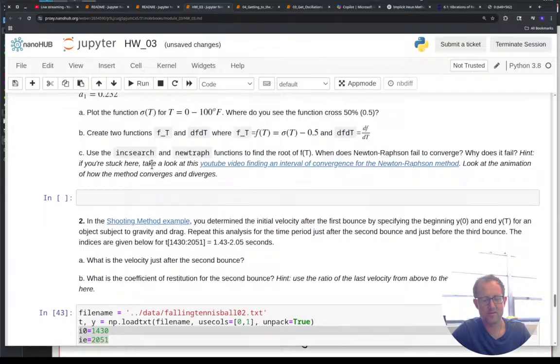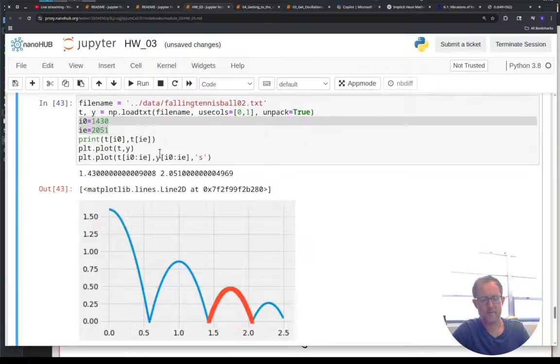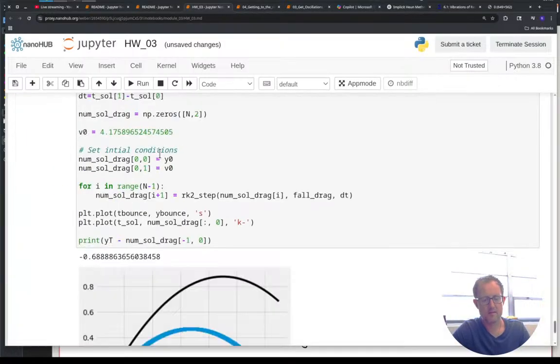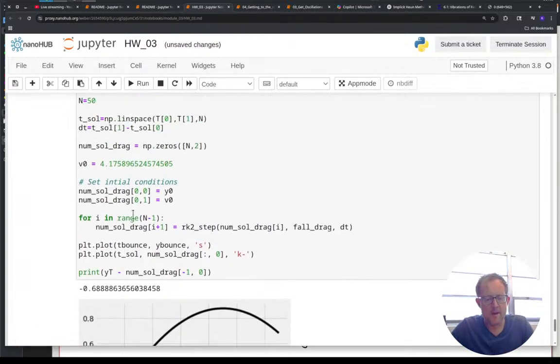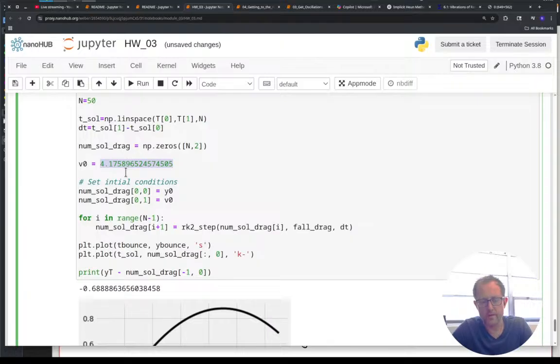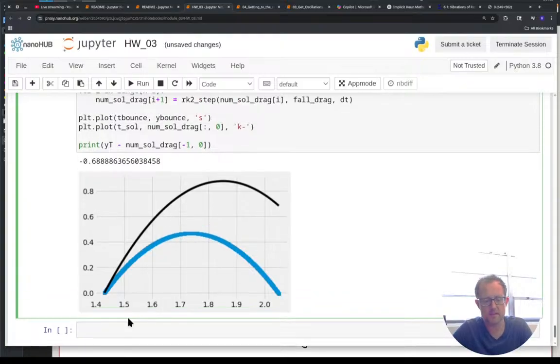We'll bring that over to homework 3. And now that initial guess of 4.18 meters per second, I ended up with this error. That makes sense because after the bounce, it should have less speed.